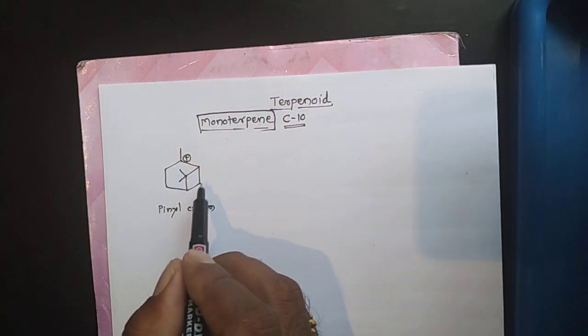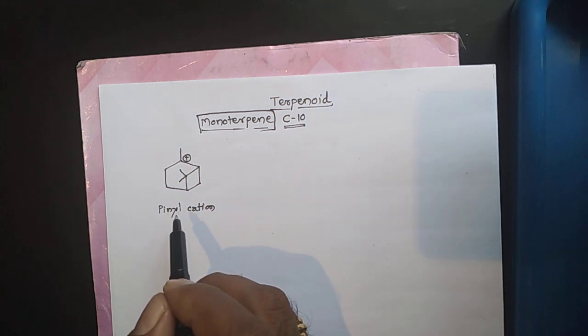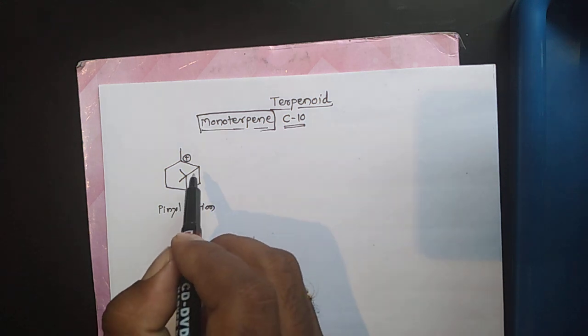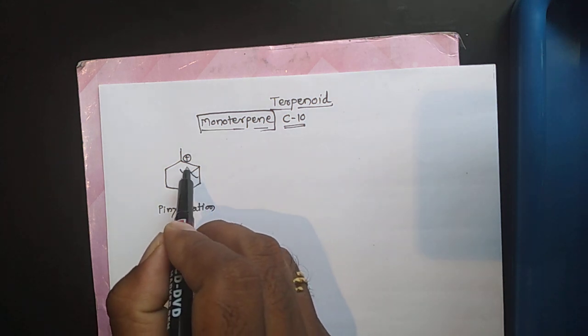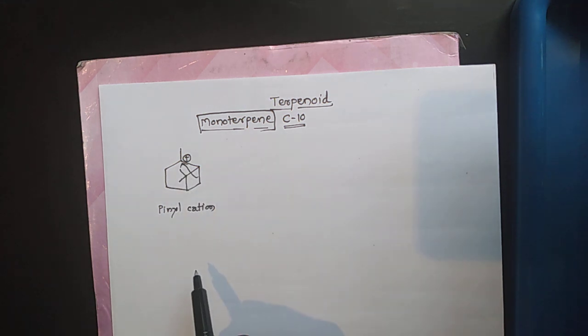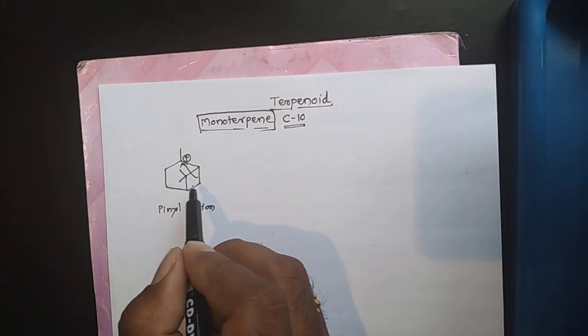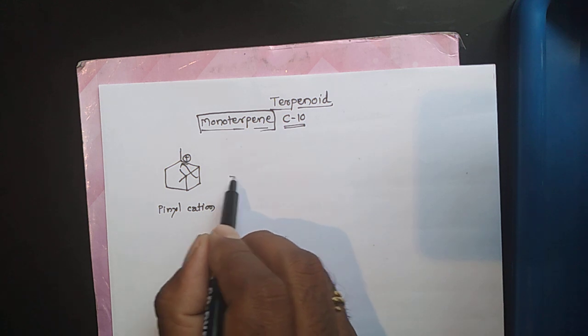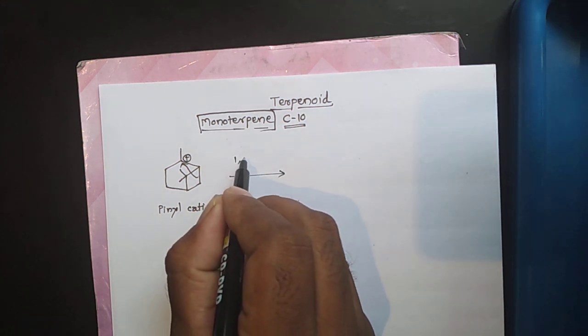In this pinyl cation there will be a rearrangement, that this bond will shift towards here. That is a 1,2 alkyl shift.